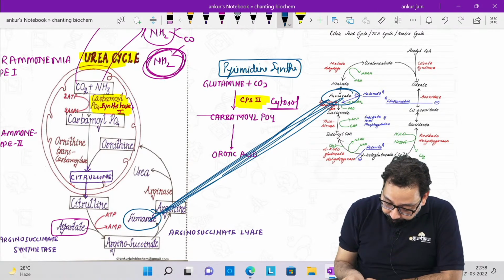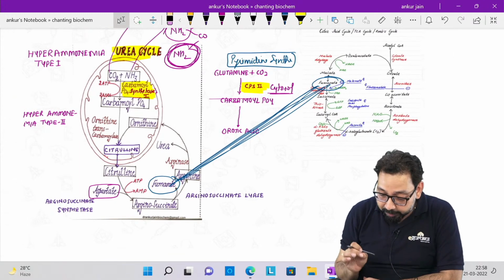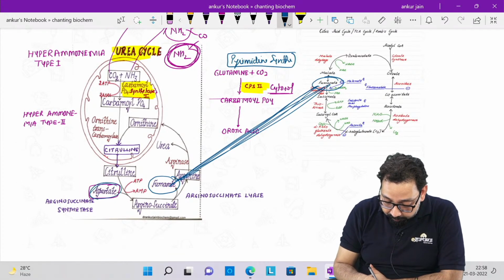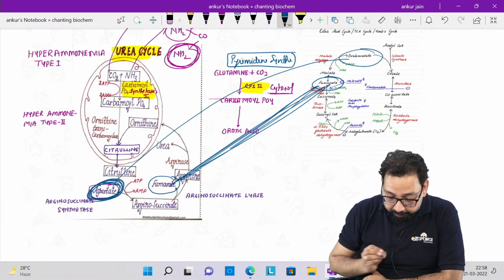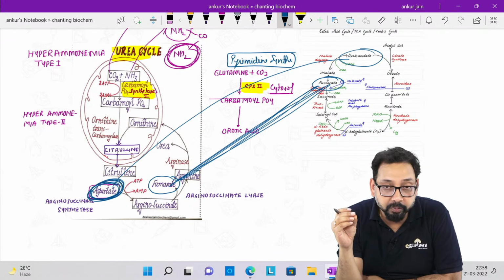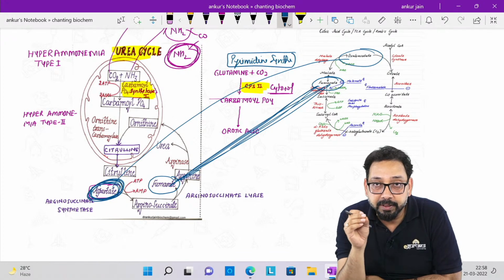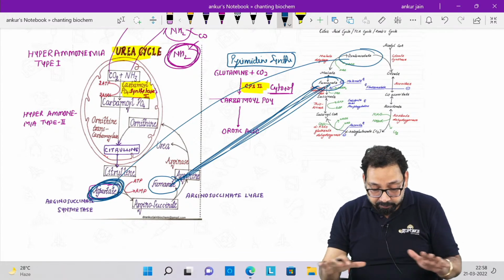Now a question was asked, which amino acid connects the urea cycle with the Krebs cycle? The answer was aspartate, because aspartate can be easily converted to oxaloacetate.